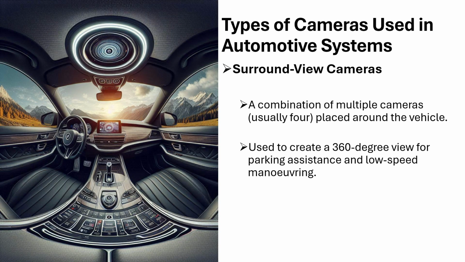As for surround view cameras, a combination of multiple cameras is placed around the vehicle, and this is used to create a 360-degree view for parking assistance and low speed maneuvering.